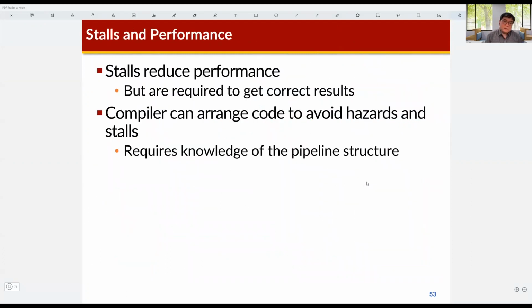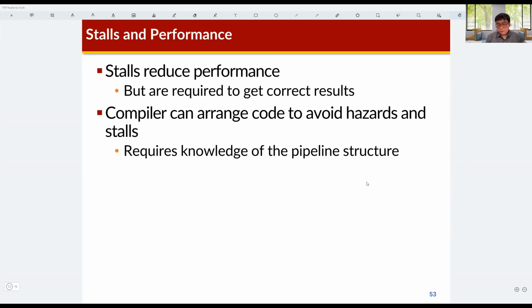As I explained, if the load-use data hazard happens, clock cycles can be wasted, and if clock cycles are wasted, performance is degraded.